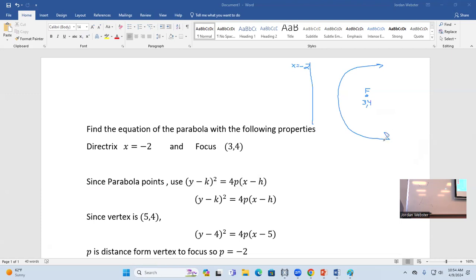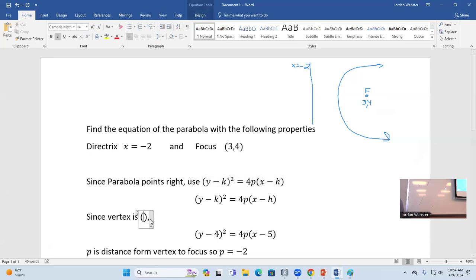So it looks like we're pointing to the right, and that means we're going to have this equation again, but this time with a positive p-value.